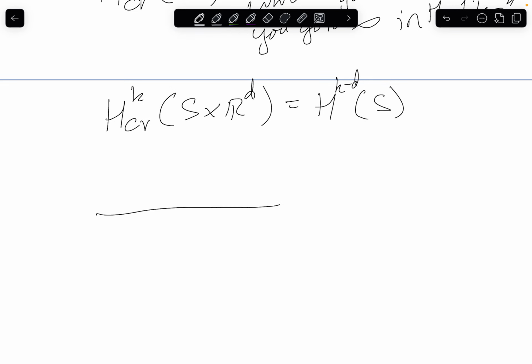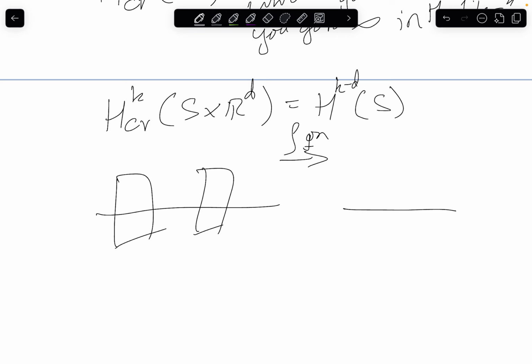Well, what you do is you have your fibers, and you have a map from this guy going to this guy, which is integrate on fibers, right? That gives you some differential form over here, and you have reduced the degree by D because you've integrated away D things.